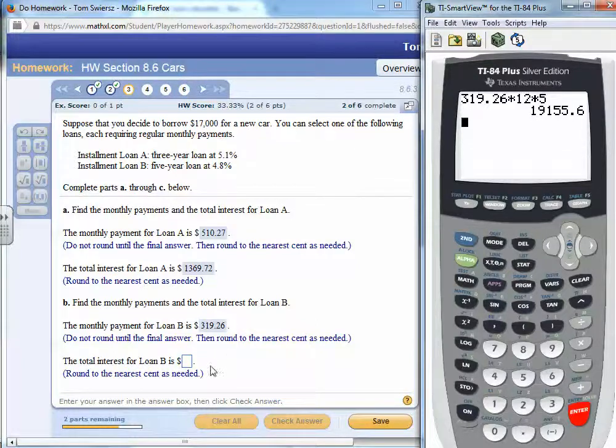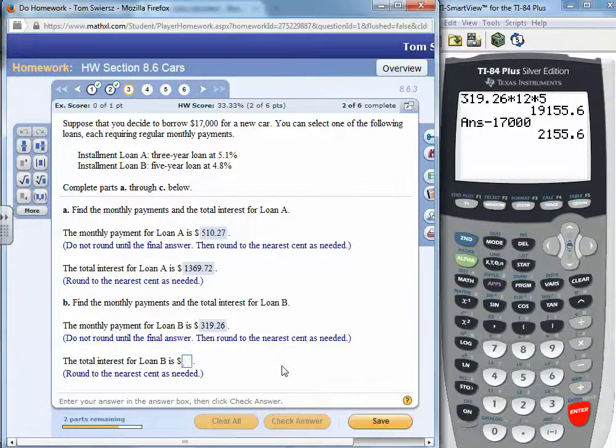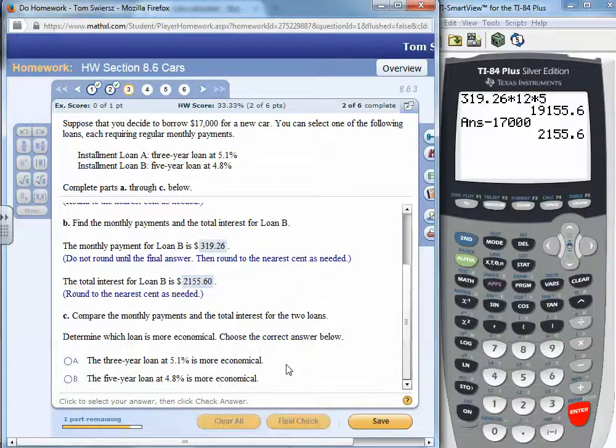Now, what's the total interest? Again, you subtract the 17,000, what you decided to borrow, and the amount of extra is equivalent to the interest, which in this case is $2,155.60.